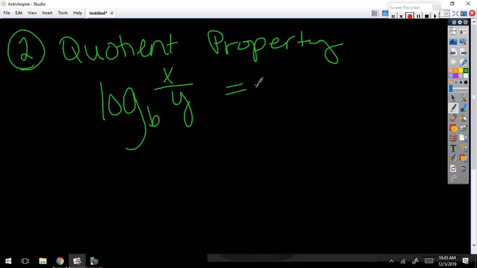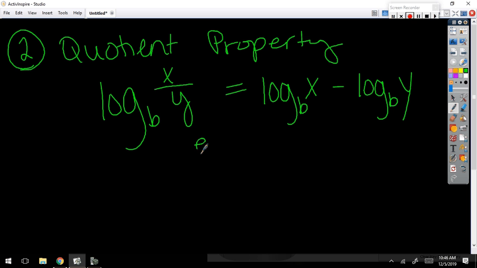When you are dividing with the same base, what do you do with the exponents? Subtract them. So I have log base b of x minus log base b of y. Again, left to right is expanding, and right to left, condensing.